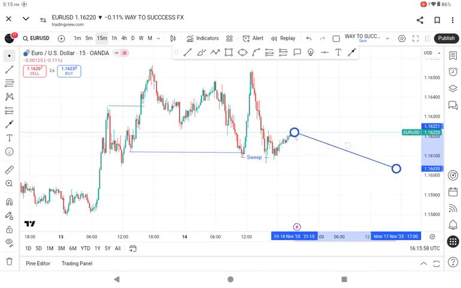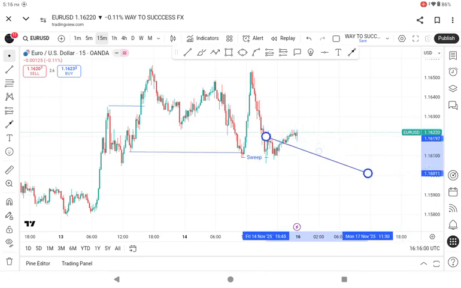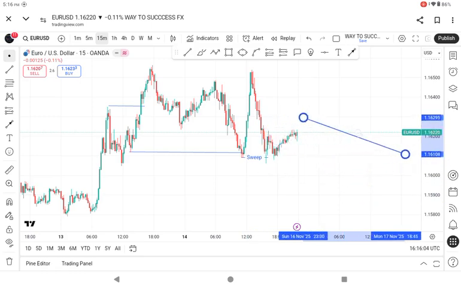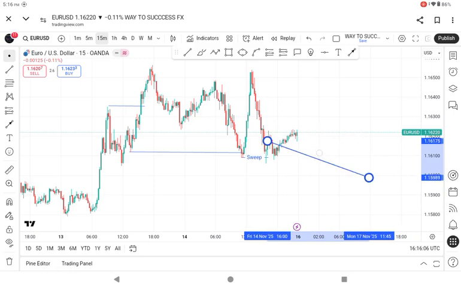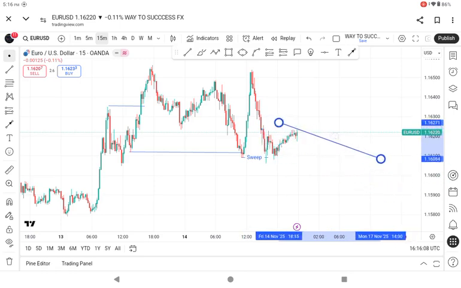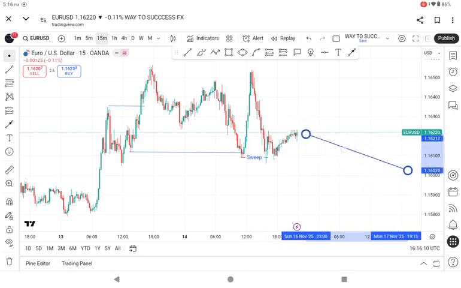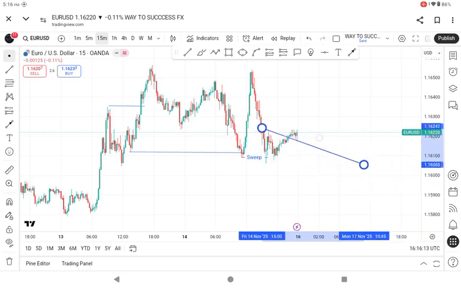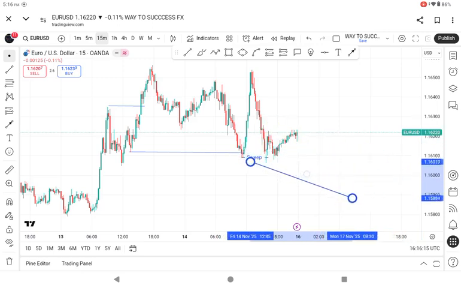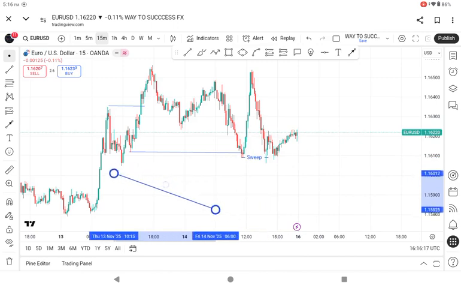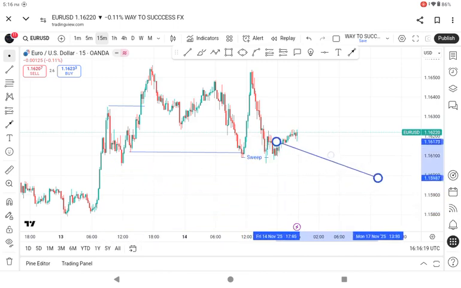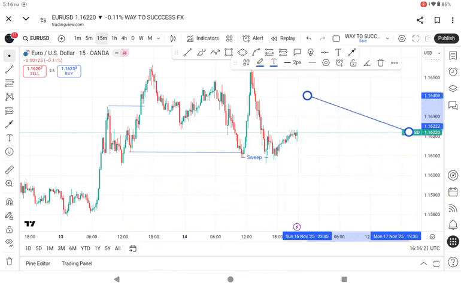So before the weekend, I feel like I should be buying at this level. So I bought at this level. Even when the market opens, I can still be looking for a buy, because currently price swept this low, unable to break this one, signaling a continuation to the upside.